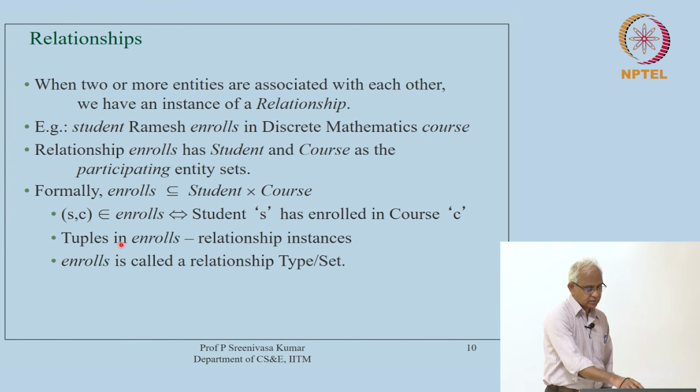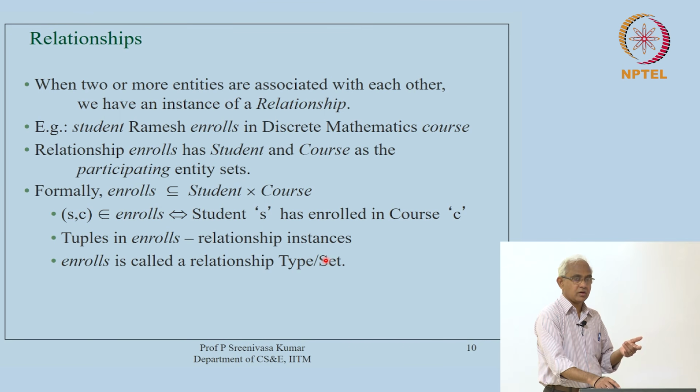Basically, tuples in enrolls are these relationship instances, and enrolls itself is called a relationship type or set. Just like we had entity type, we now also have a relationship type, which captures a bunch of associations of the same kind put together.